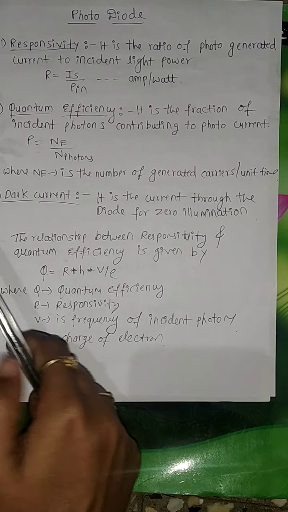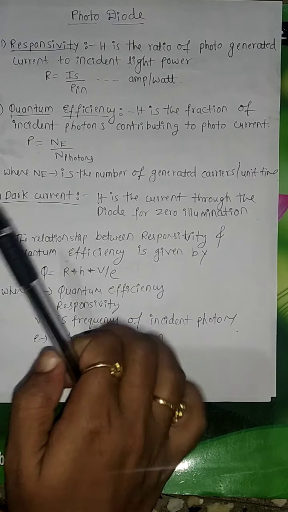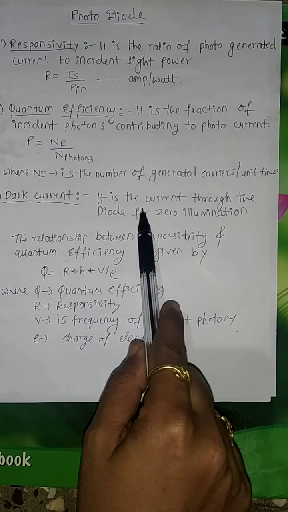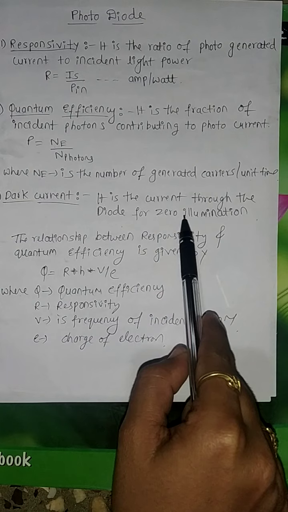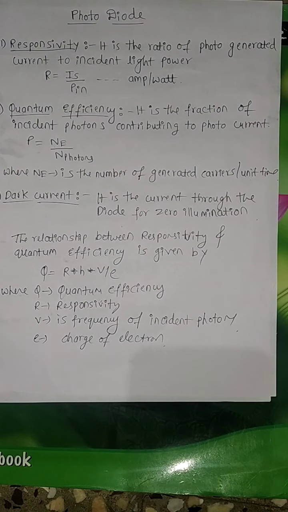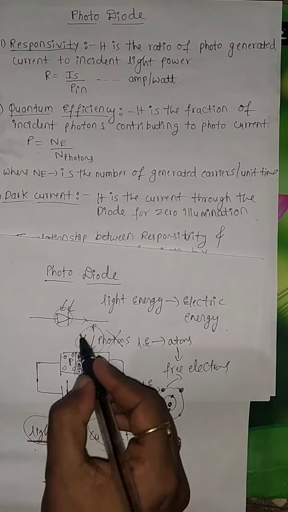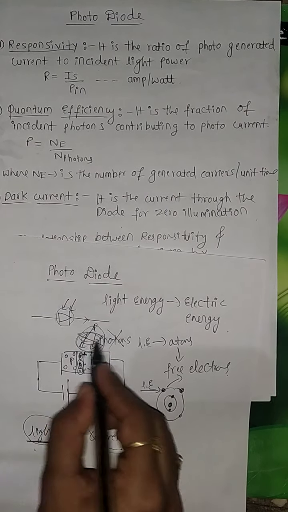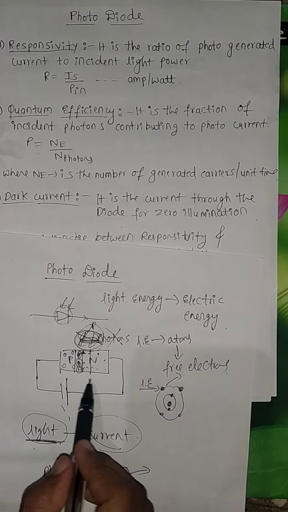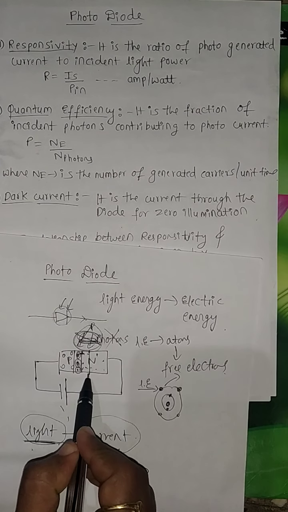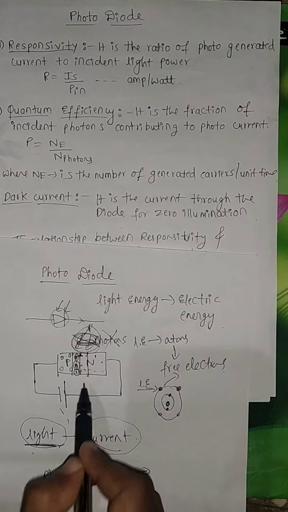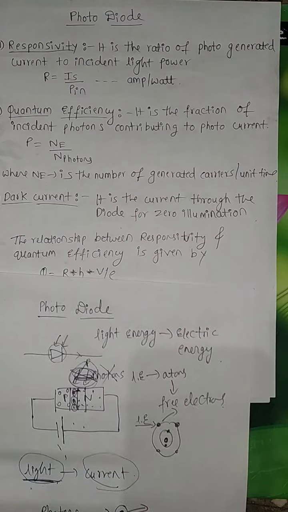Then the third one is dark current. Dark current is the current through the diode for zero illumination. Zero illumination means you should not give the light. Even when there is no light, there is a current in the PN junction diode, the photodiode. That type of current is called dark current.